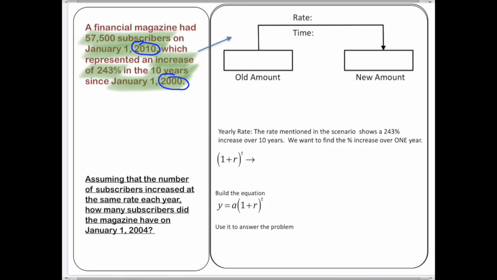So what we're looking at is that the new amount is going to be in the year 2010, and the old amount is in the year 2000. Right now we have 57,500 subscribers, and it doesn't look like we know the old amount. Now, the rate is going to be 243%. Wow, that's a lot.